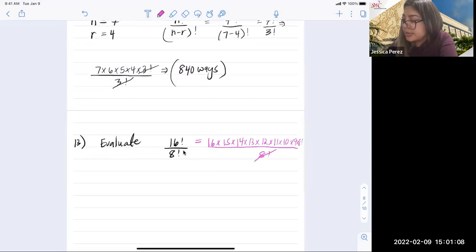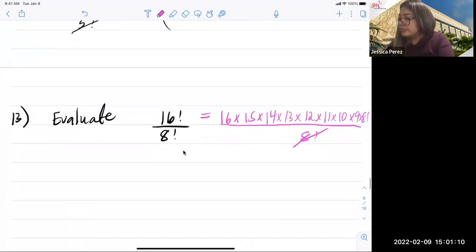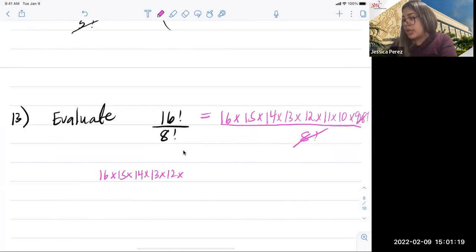These will cancel. So you're left with 16 times 15 times 14 times 13 times 12 times 11 times 10 times 9, because the 8 factorial is canceled. And then your calculator handy dandy will do that magic for you.